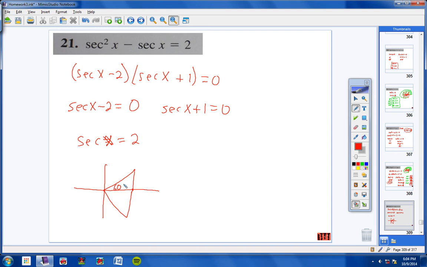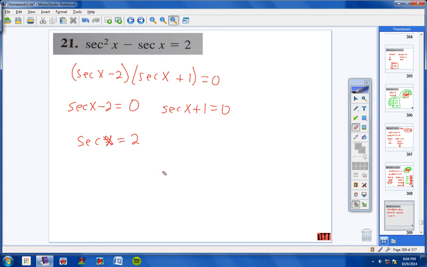So we'll put a 60 here, or pi over 3, and put a 60 here. So we're going to rotate from the x-axis to the hypotenuse. That's 60. That's one answer. And then from the x-axis to the hypotenuse, that's 300. So there's 2 answers right there, okay?